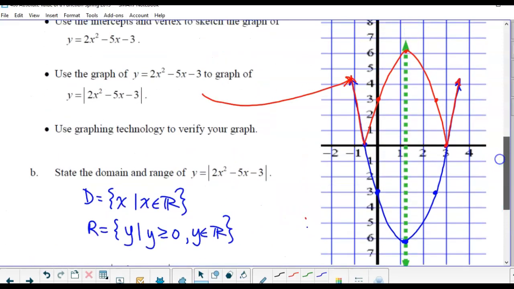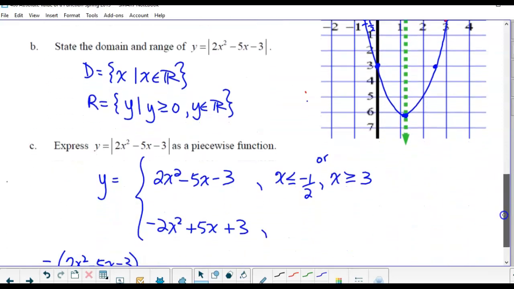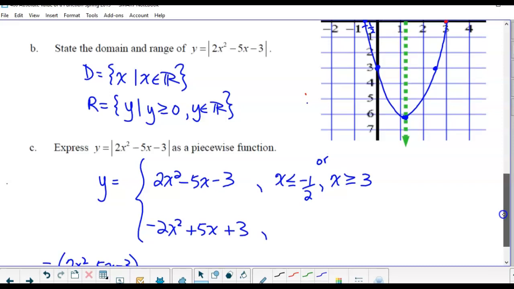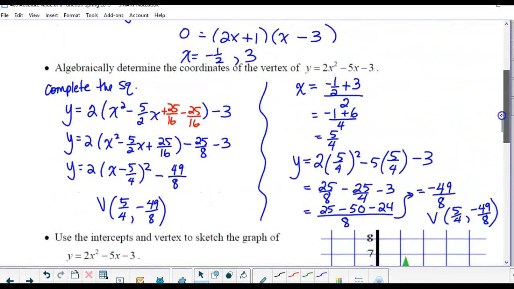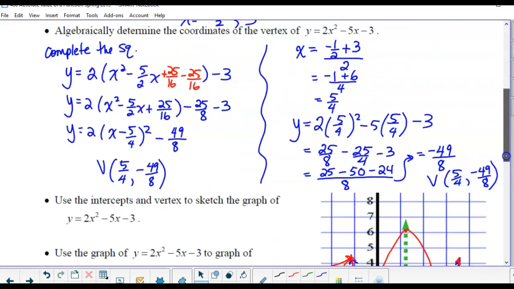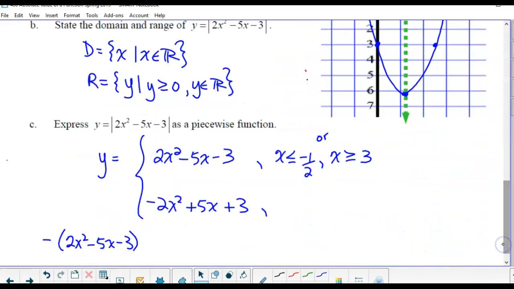Yeah, that was my mistake. So here, this point here is at negative 1/2. I was just quickly looking there. Yeah, good stuff. So negative 1/2, greater than or equal to 3. So those are your x-intercepts that we found up there. Okay, I included the equals. If you don't, that's fine, but you're going to include them in the next one.